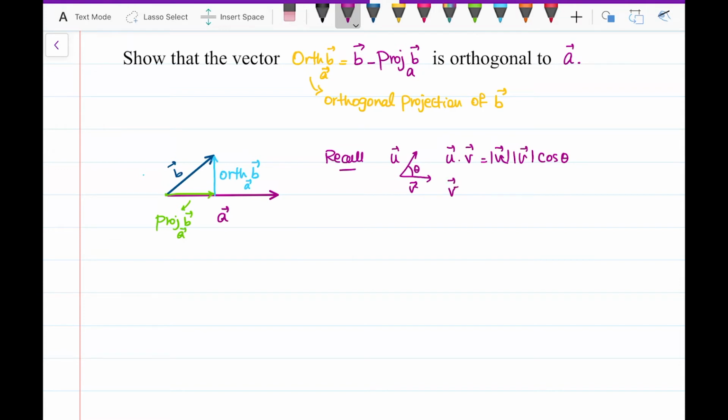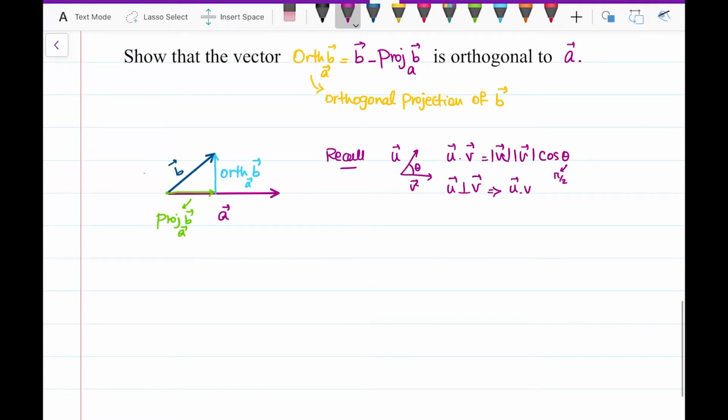So if u and v are orthogonal to each other, then theta in that case would be pi over 2, the cosine of that would be 0, so u dot v would be 0. Okay, so to show that this blue vector, the orthogonal projection, is perpendicular to a, all I need to do is to find the dot product and show that the dot product is 0.